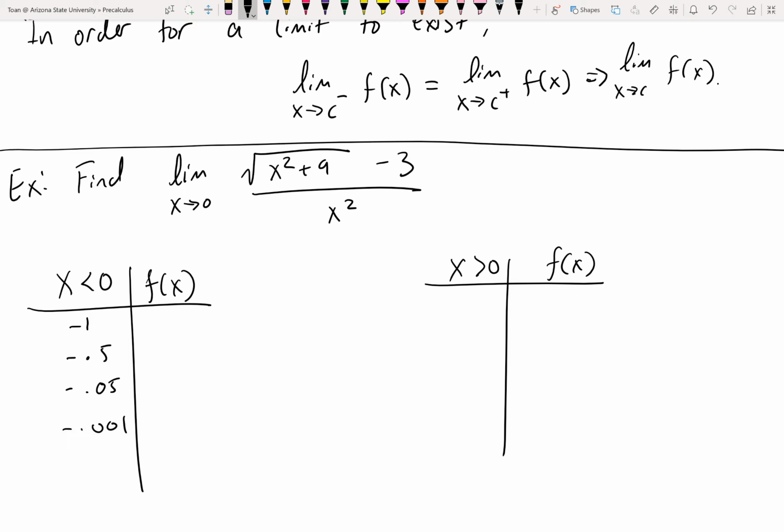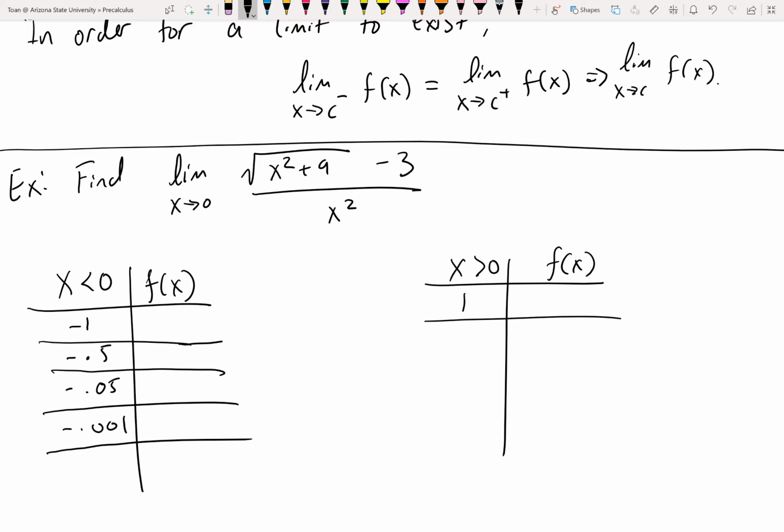You can see these are numbers smaller than 0, getting closer and closer to it. How many numbers do you pick? That's usually a common question I get. Just choose enough so you can see a pattern. Choose enough so you can see if the sequence is converging somewhere. And then greater than 0, just choose positive ones. So 1, 0.5, 0.05, 0.01 maybe.